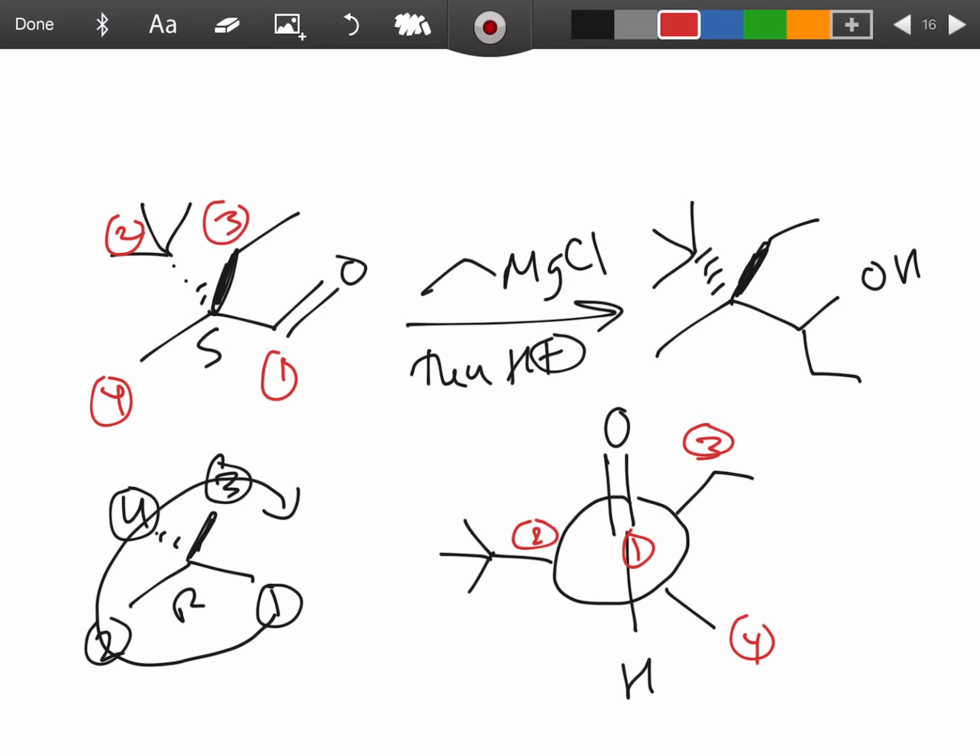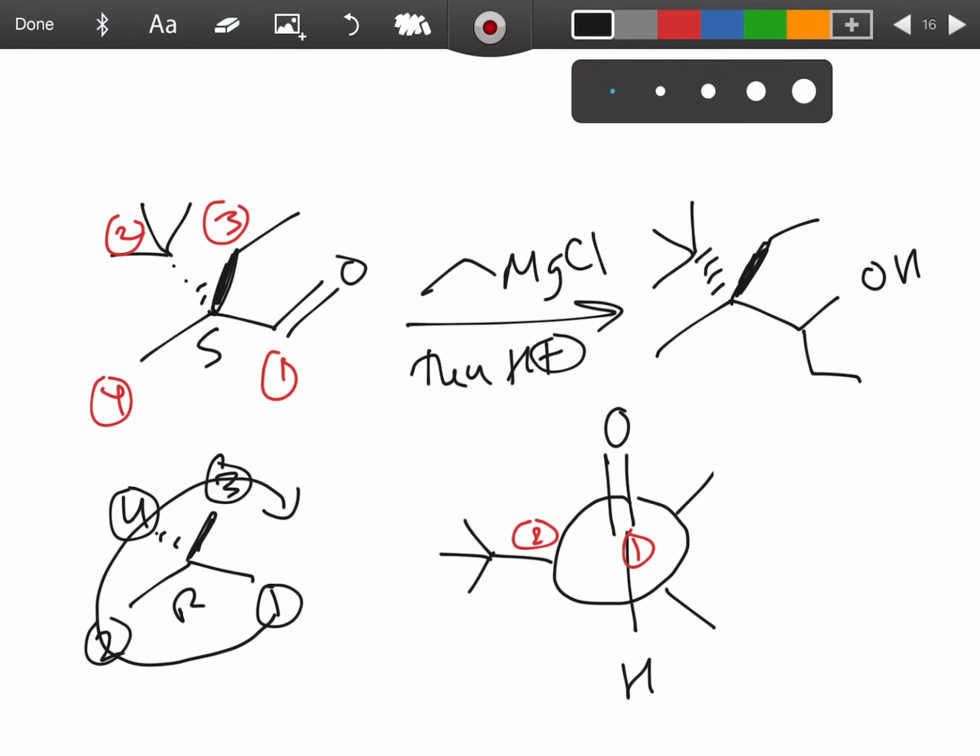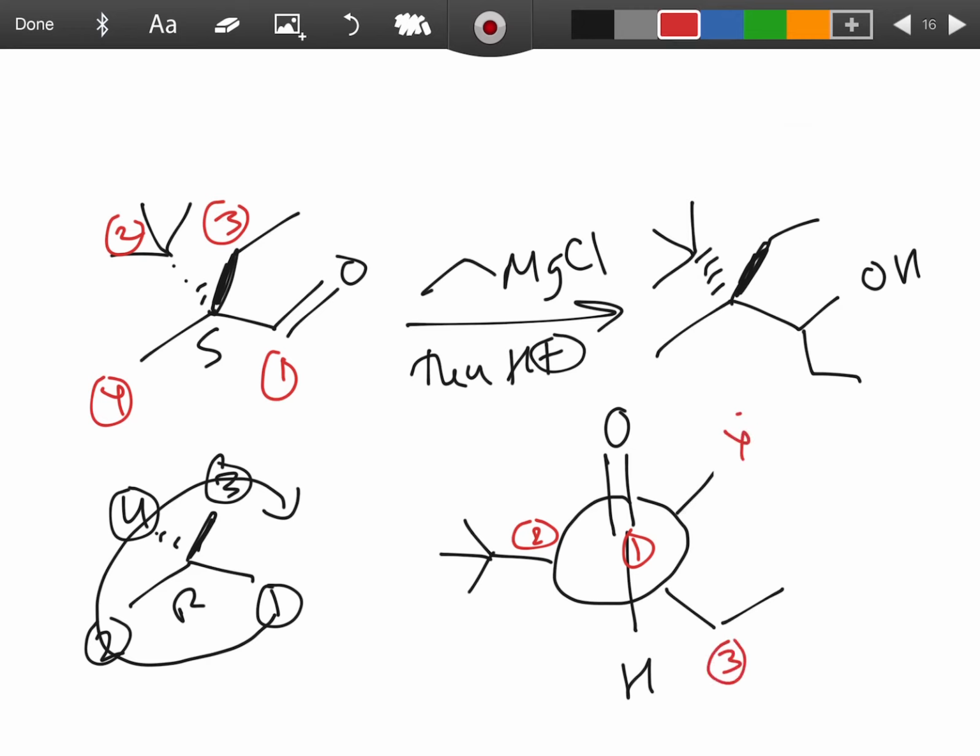So we've got to make it the correct stereocenter, which would require me to go 3, 4. If you switch two groups, you make the enantiomer.